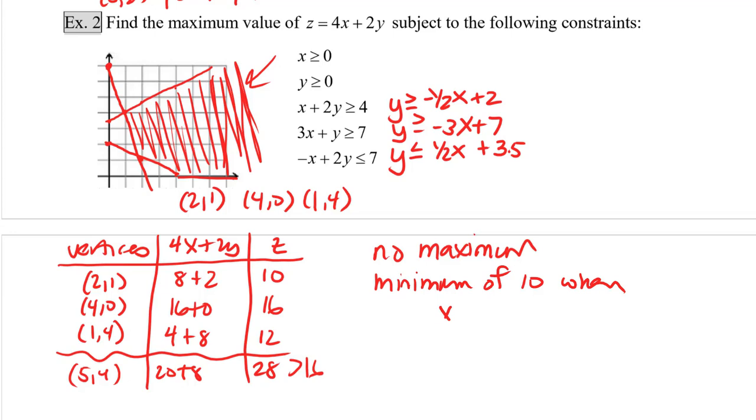So our profit is going to be equal to $1.50 per box of creams, or 1.50 times x, plus $2 per box of nuts, or 2.00 times y. So basically we can say P is equal to 1.5x plus 2y.